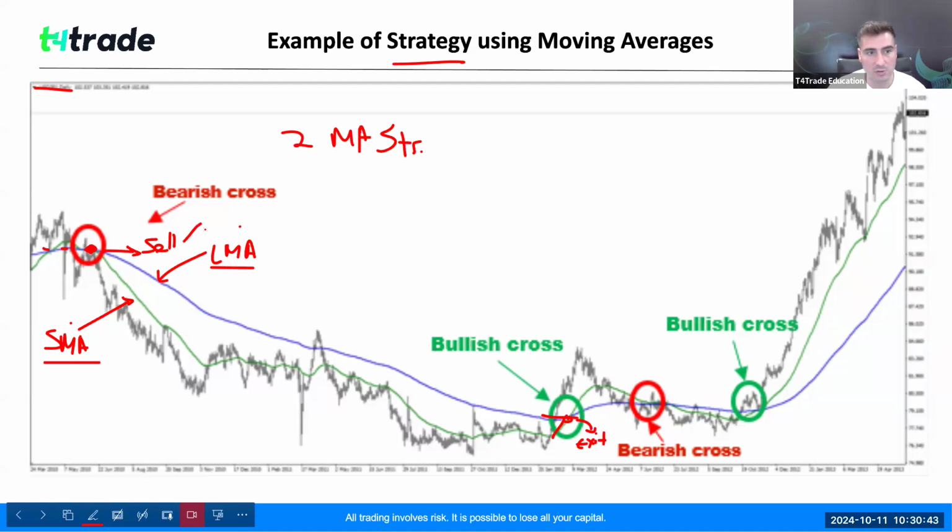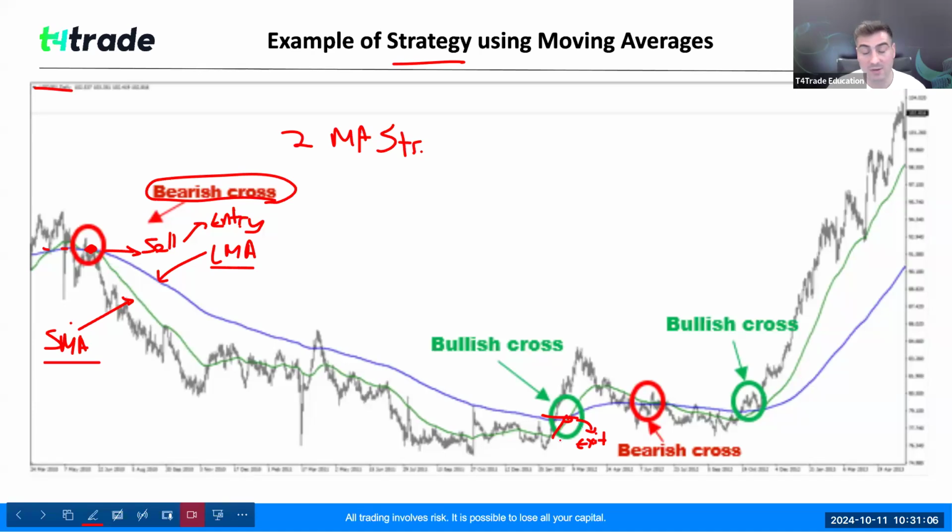So sell, you could enter the market here, these are the entry points, okay? And you could exit whenever you see the crossover. You can clearly see here when the short-term moving average crosses below the long-term moving average, we have what we call the bearish cross, or in other words, the death cross.